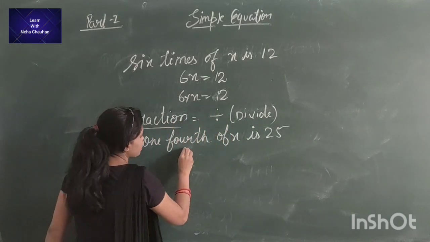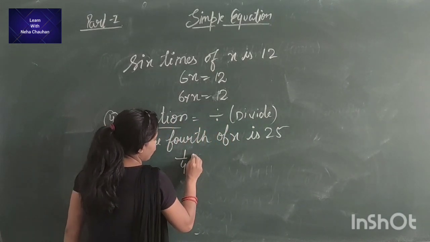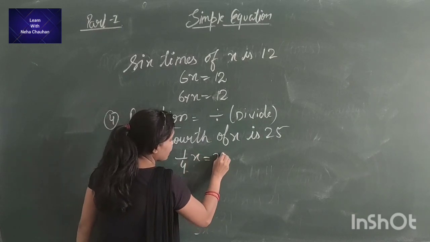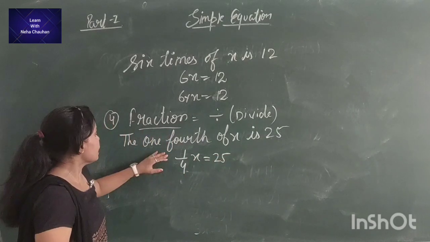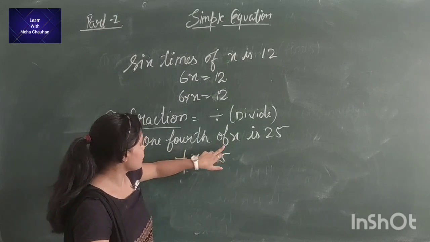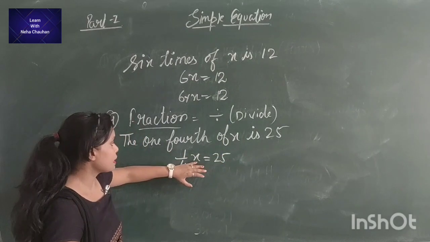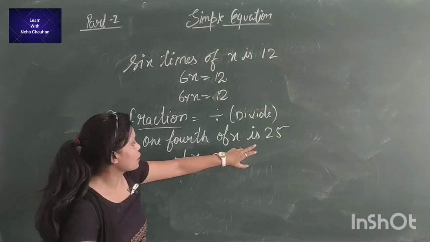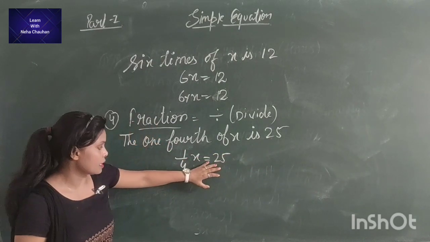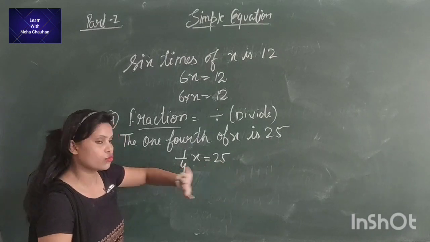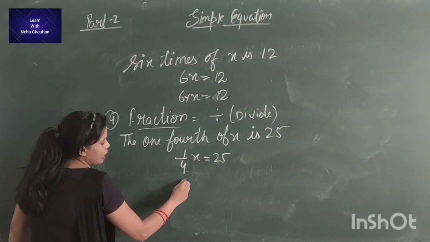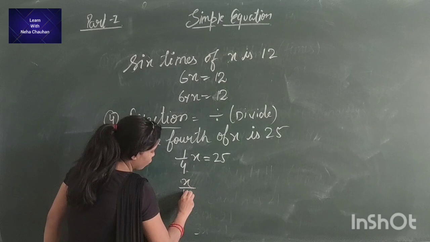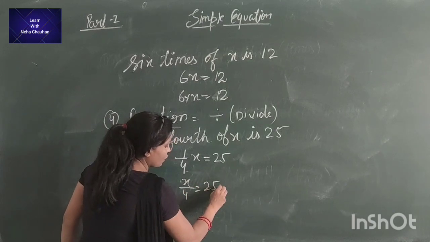That means here of is representing multiplication. 1/4 is 1/4 and is equal to 25. Right. It can also be written as x divided by 4 is equal to 25.